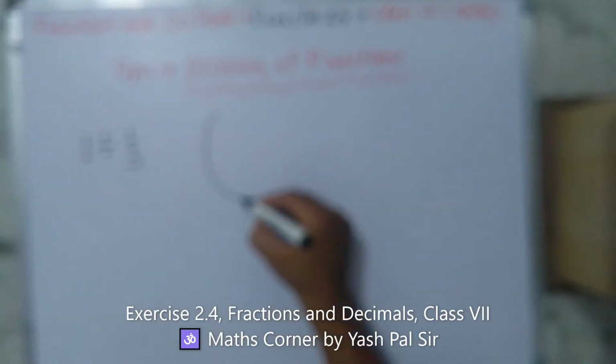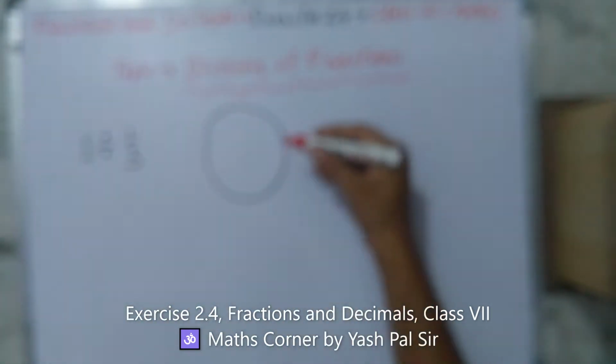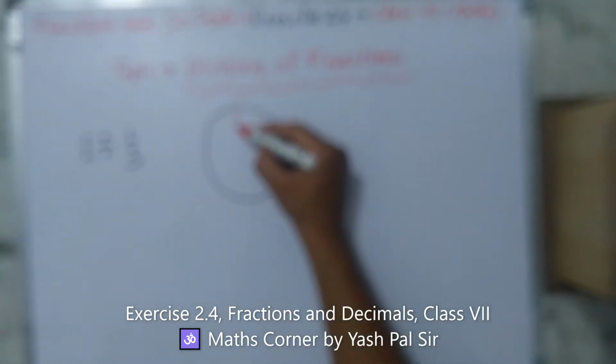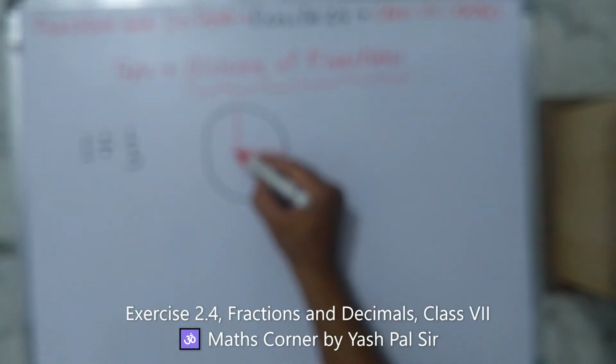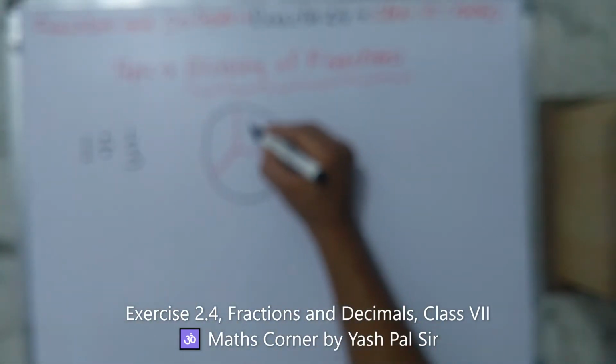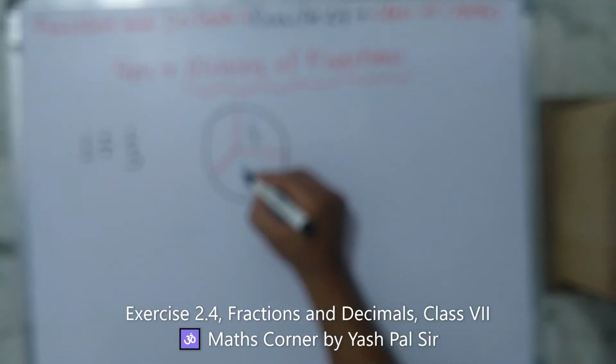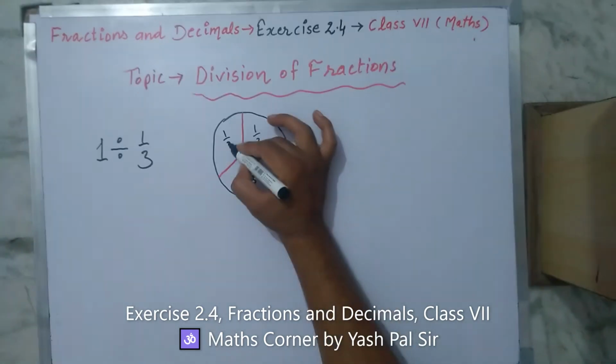Suppose I have one complete circle, divided into 3 equal parts. Each part is equal to 1 upon 3.